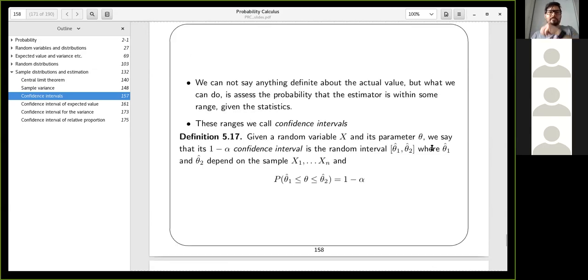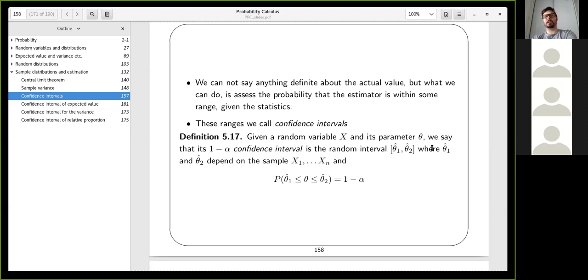We can say nothing definite about the actual value, but what we can do is give probabilities that the estimator is within some range given this calculated statistic. So when we, for instance, calculate the sample variance, then we can't say that the actual variance is like this.